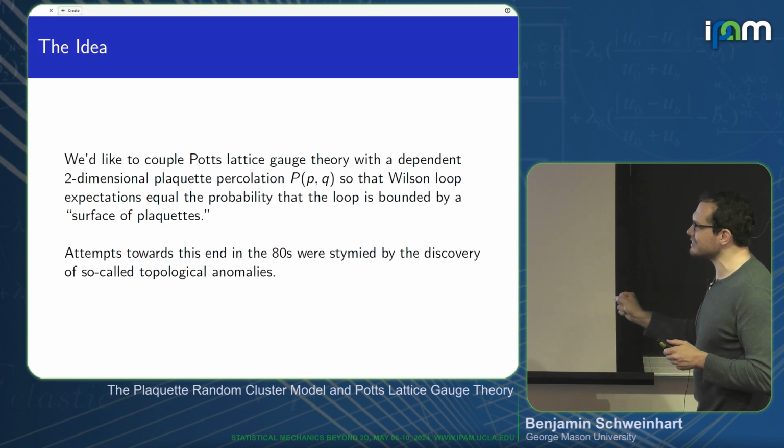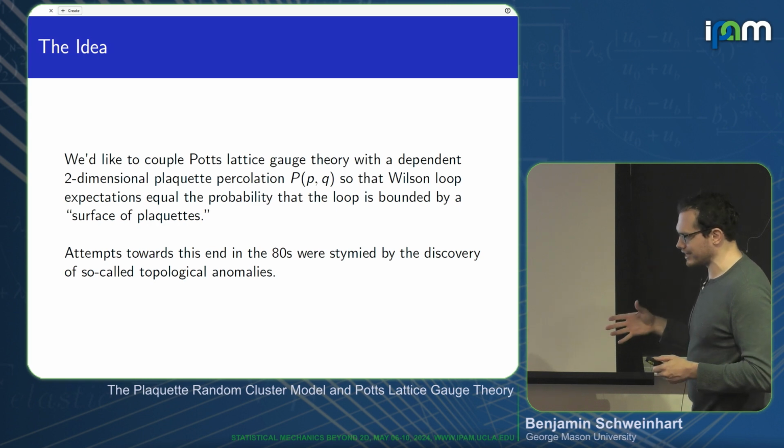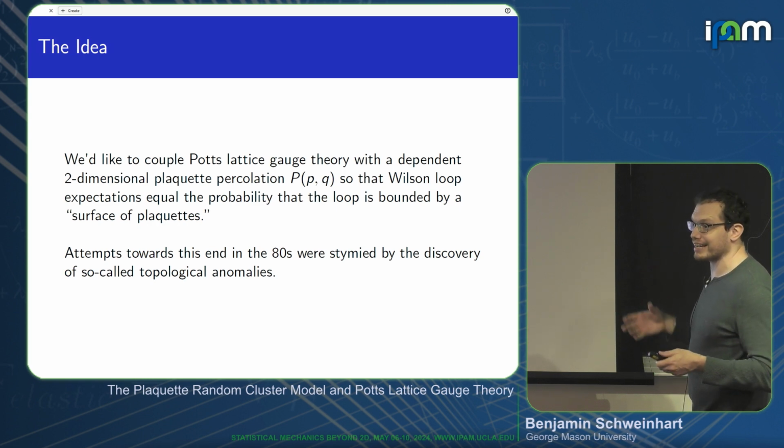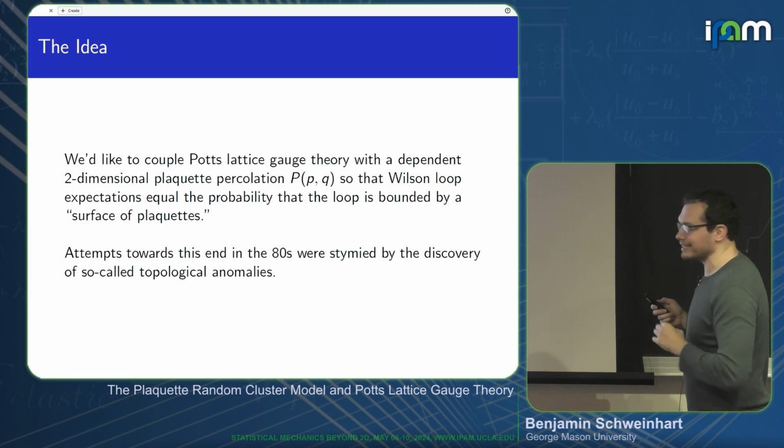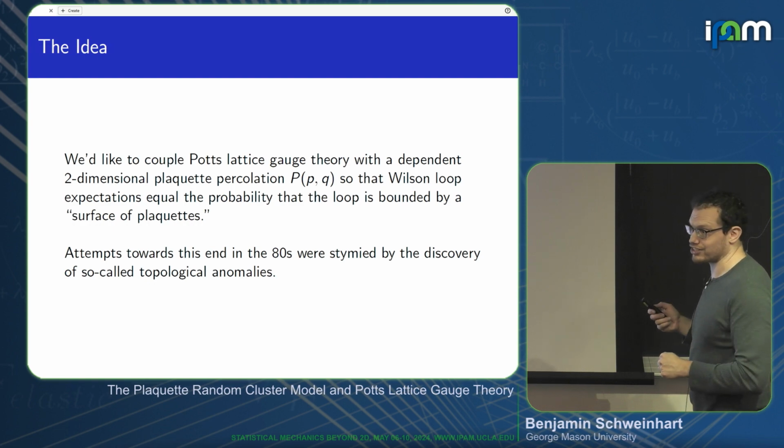In the 80s, there were a number of efforts by physicists to take the random cluster representation of the Potts model and make it work in higher dimensions. These were stymied by the fact that they were not careful about the topology. This was nicely outlined in that paper of Eisenmann and Fröhlich I mentioned earlier, of so-called topological anomalies.